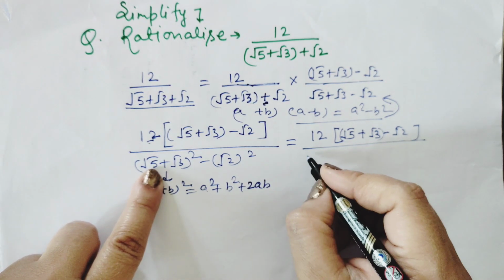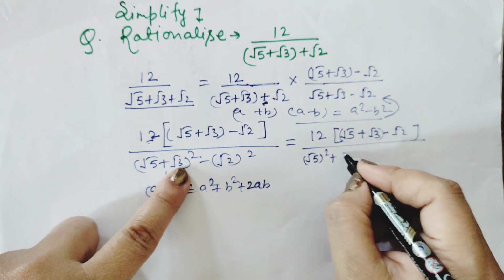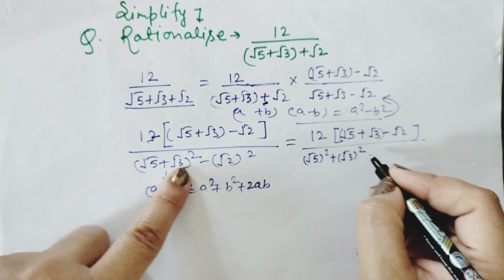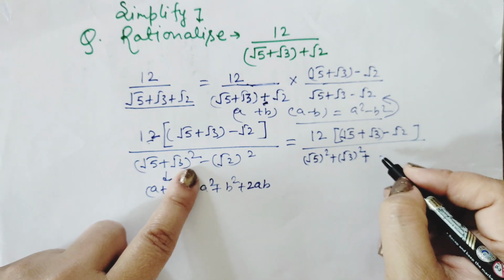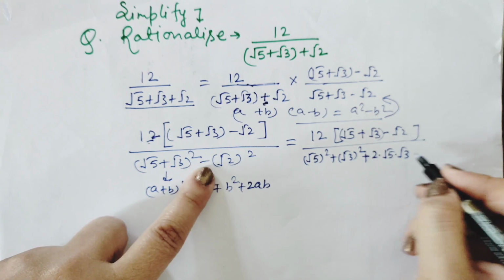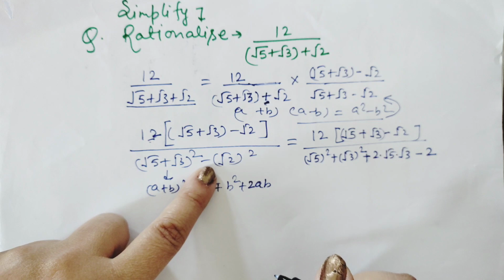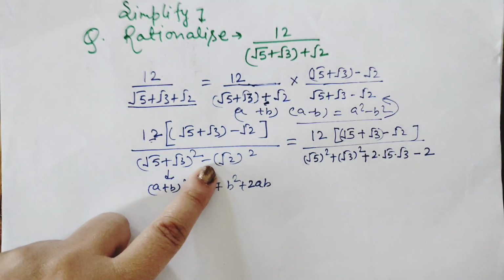So a square is root 5 square, b square is root 3 square, plus 2ab, 2 root 5 into root 3, minus this root 2 square, which is 2.